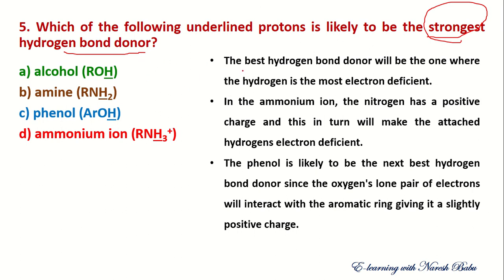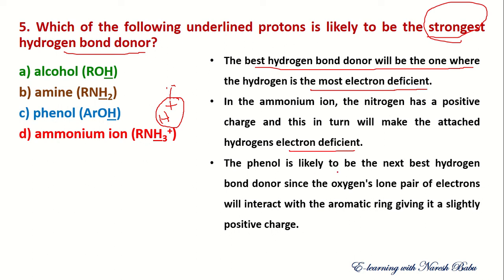The answer is the ammonium ion. The best hydrogen bond donor will be the one where the hydrogen is the most electron deficient, as in NH3 plus. That means it is electron deficient, so it can easily donate. In the ammonium ion, the nitrogen has a positive charge, which in turn makes the attached hydrogens electron deficient.